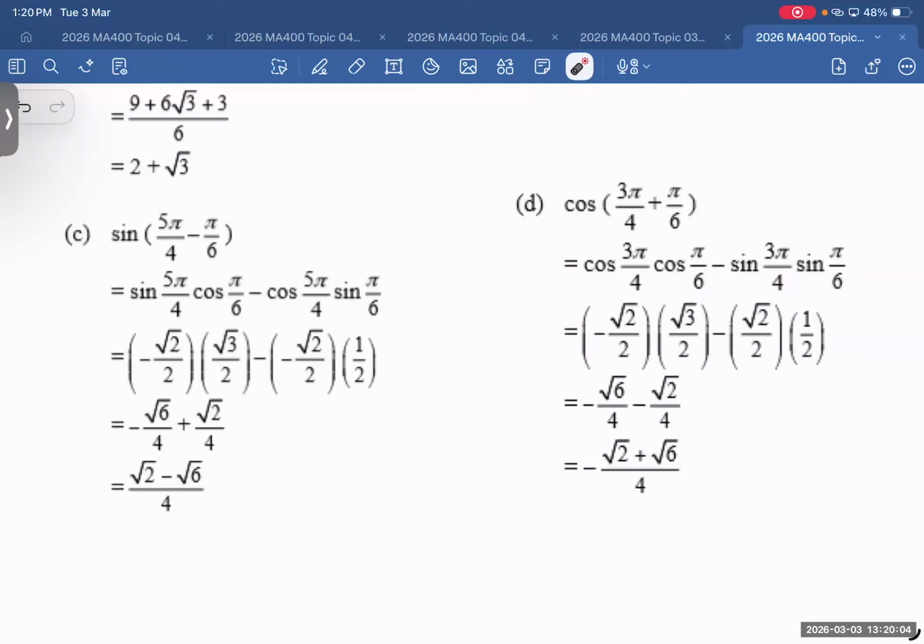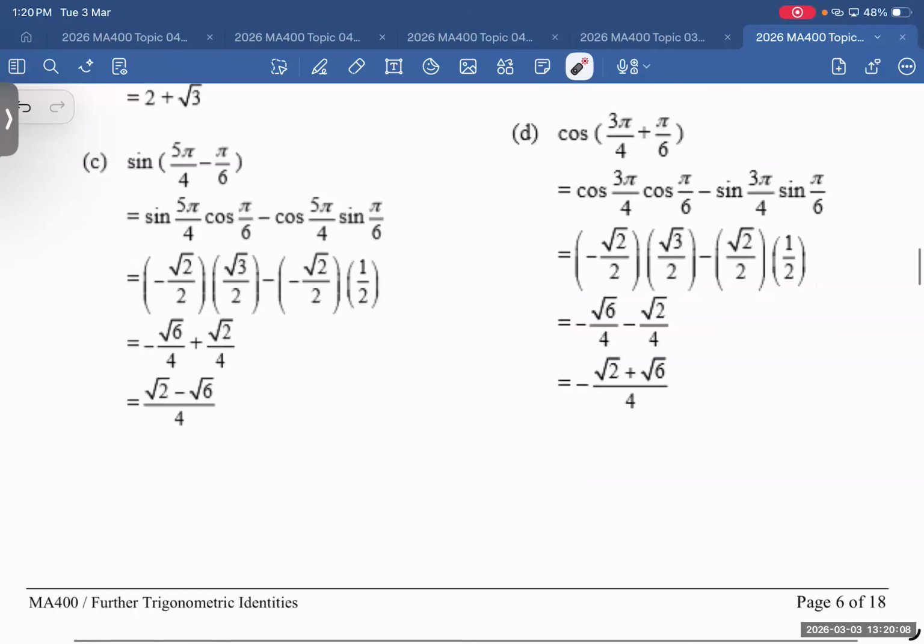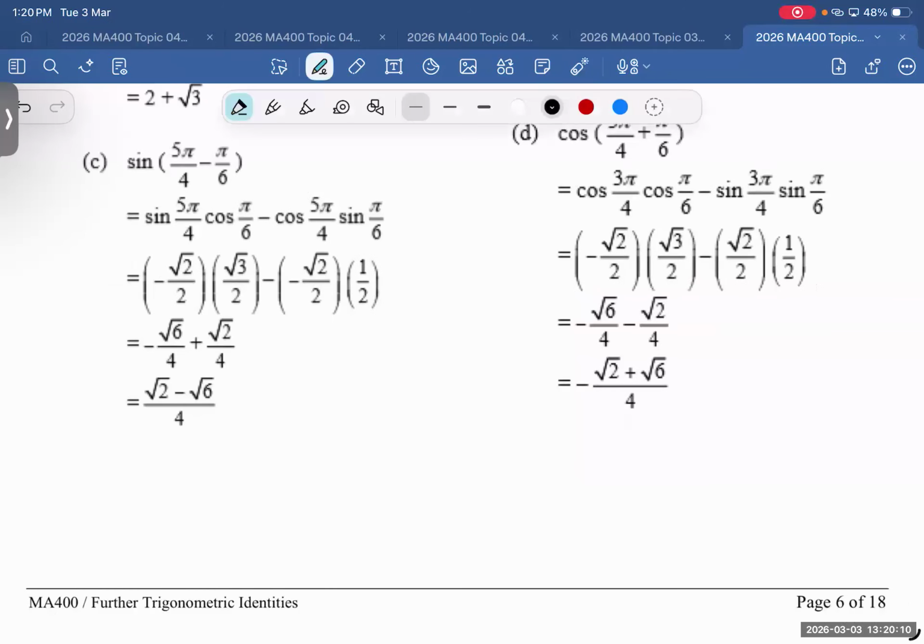I try to visualize the quadrant in my head. But it's also because you remember that sine theta is the same as negative of sine of pi plus theta.